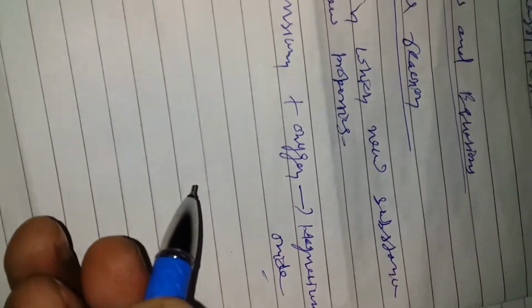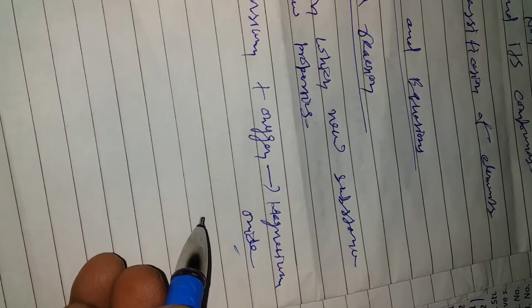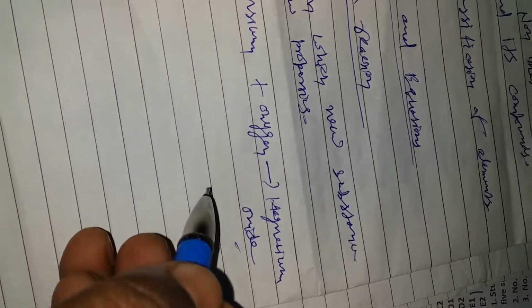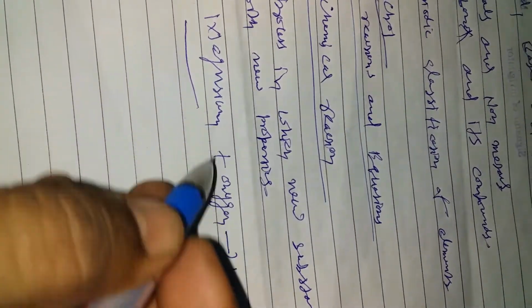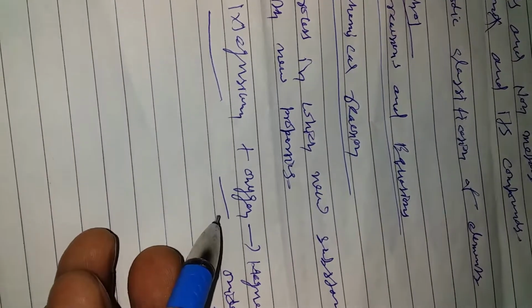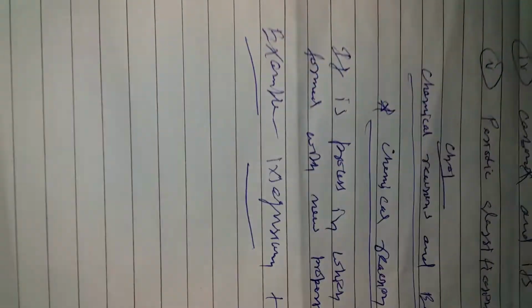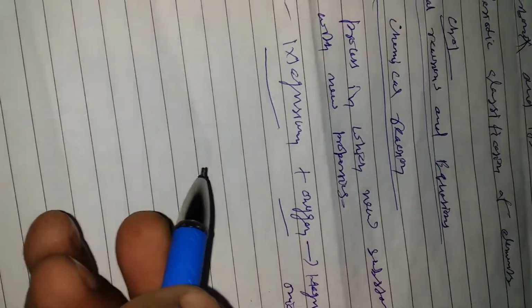Here we see that when we burn magnesium ribbon in the presence of air, magnesium oxide is the new substance formed. Therefore, the properties of magnesium oxide are quite different from the properties of magnesium and oxygen. So, it is a chemical reaction.